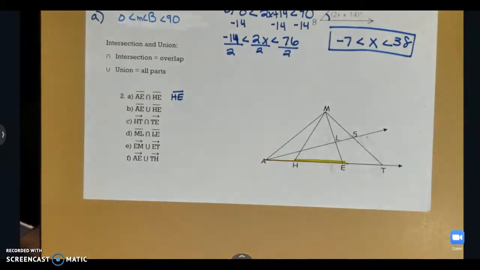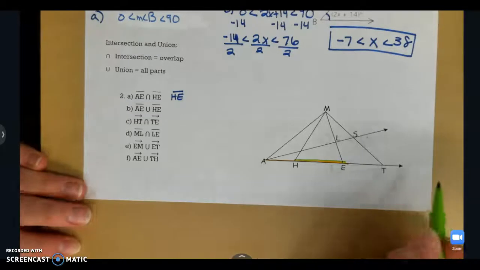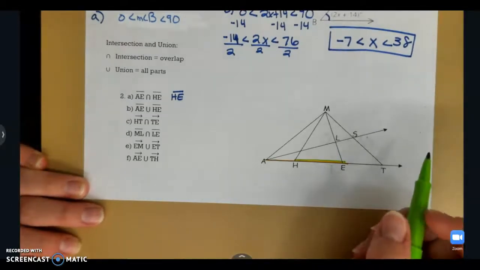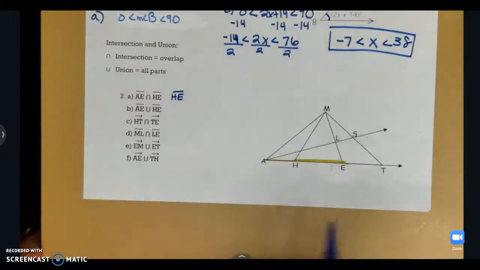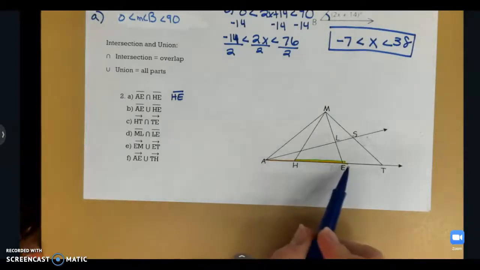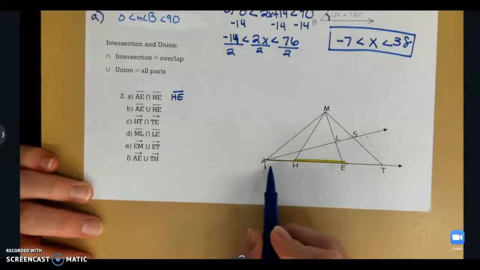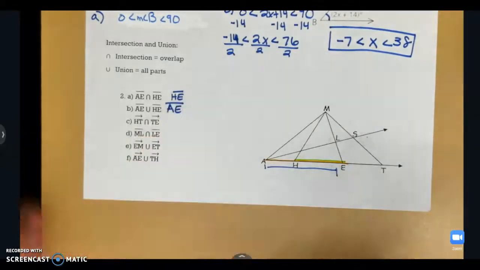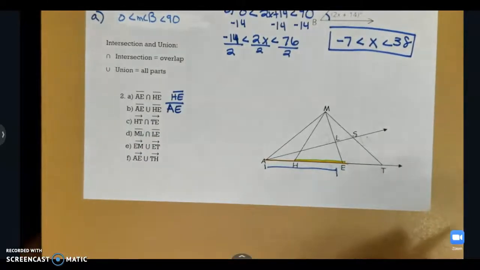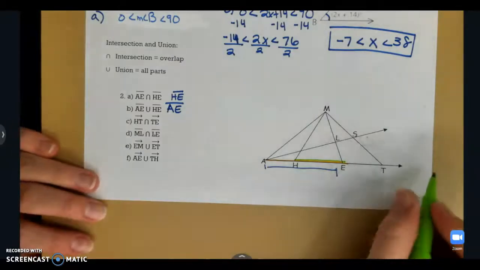Part B is asking me to find the union of segment AE and segment HE. So the union is all the parts together. We already have that highlighted here. And so all the parts together is going to be this segment A to E and all of the infinite points between. Next, part C is asking us to find the intersection of ray HT.